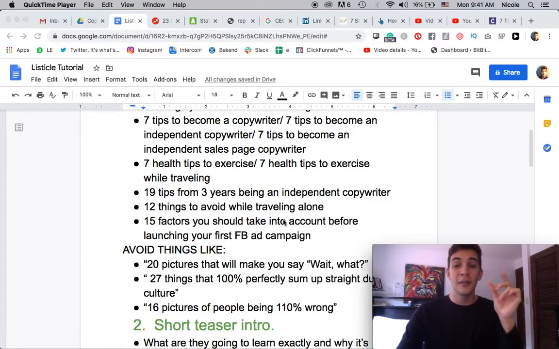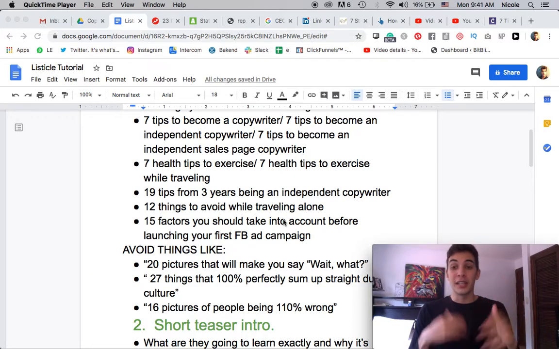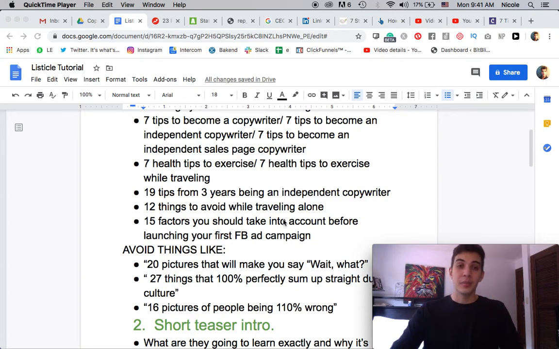You don't have to read the whole chunk because you get lost, right? Listicles are not only friendly for your eyes because there's space, but they also give you the most important chunks, the most important information, right?